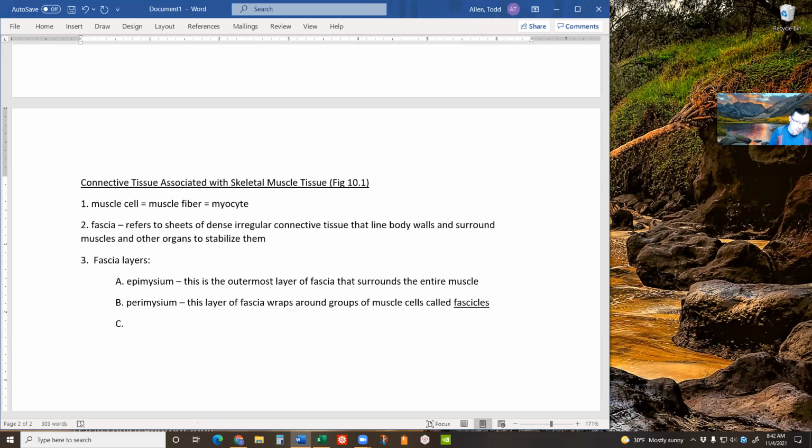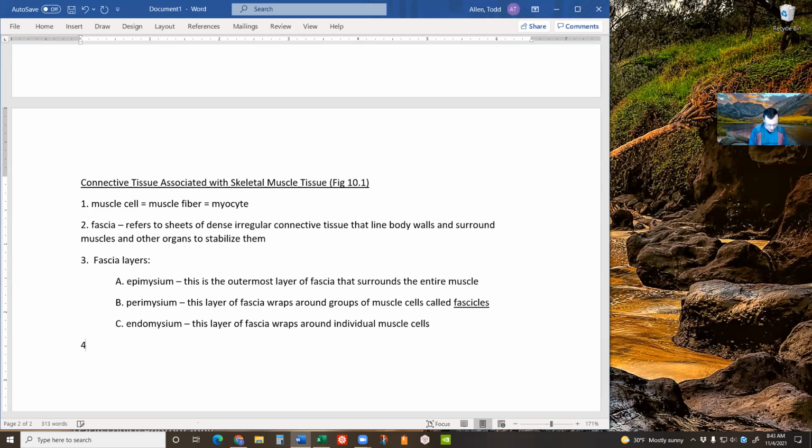The term endomysium on the right side of figure 10.1 is the sixth term up from the bottom. The endomysium is the layer of fascia that surrounds each individual muscle cell.